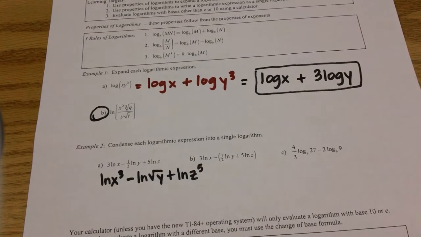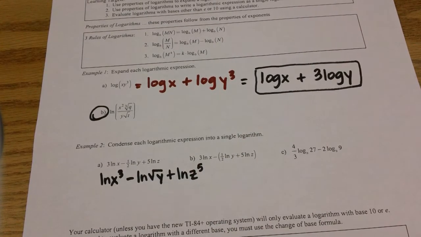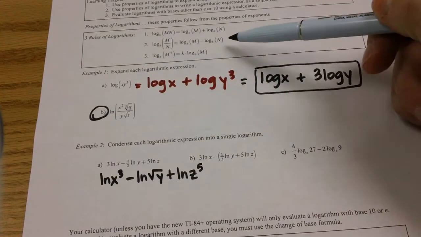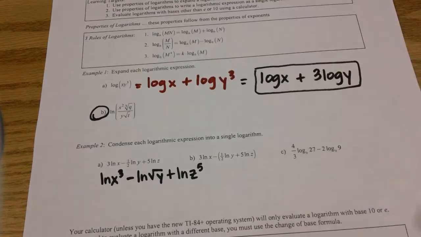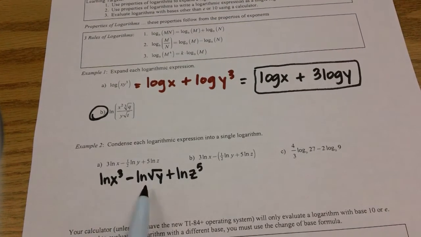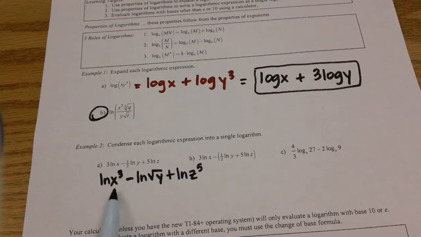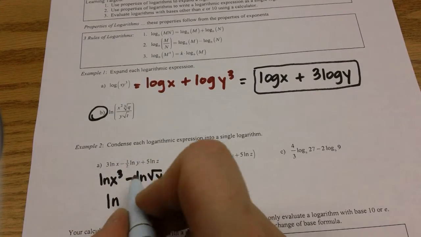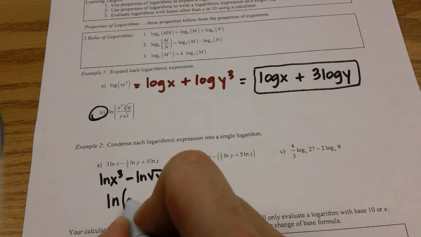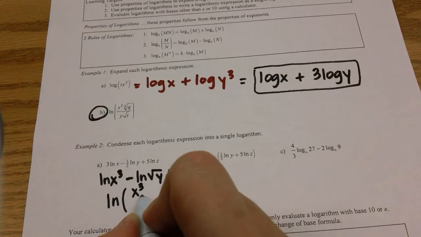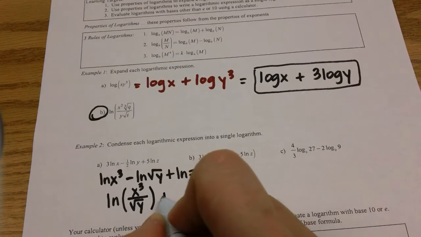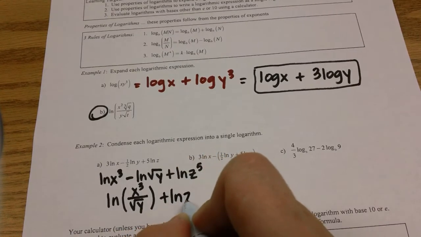Okay, so now we can go through our different properties. Remember that based on our rules above, subtraction goes with division. So if we go from left to right and combine these two first, we're going to get the natural log of x to the third power divided by the square root of y, plus the natural log of z to the 5th.